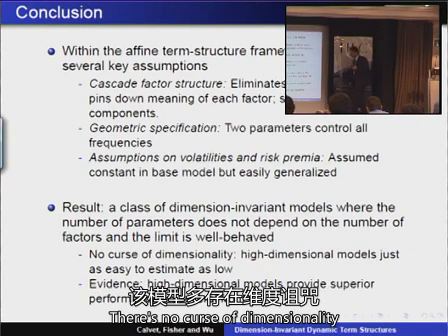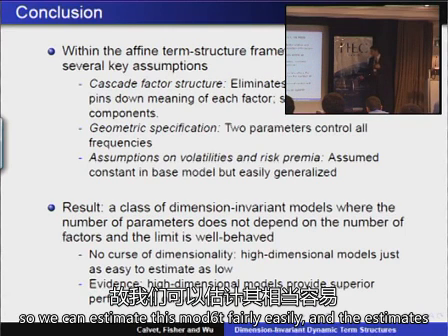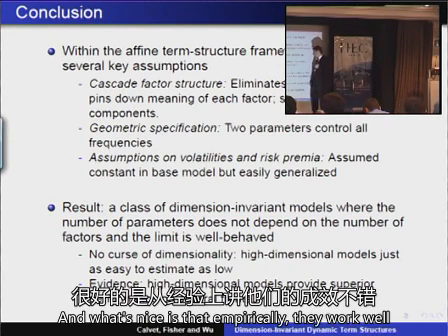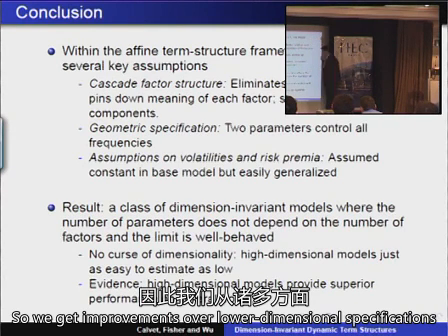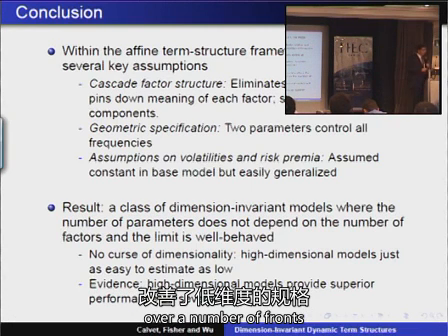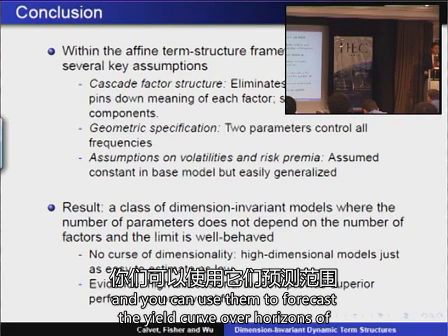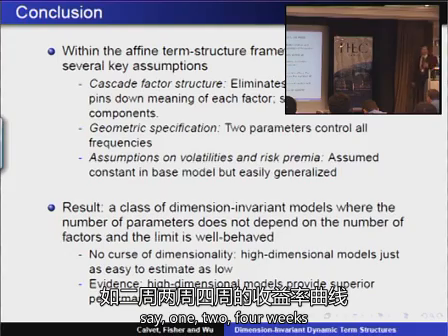There's no curse of dimensionality, so we can estimate these models fairly easily, and the estimates are stable, well identified and statistically significant. And what's nice is that empirically they work well. We get improvements over lower dimensional specifications on a number of fronts. You can use these models to strip the yield curve, and you can use them to forecast the yield curve over horizons of, say, 1 to 4 weeks.